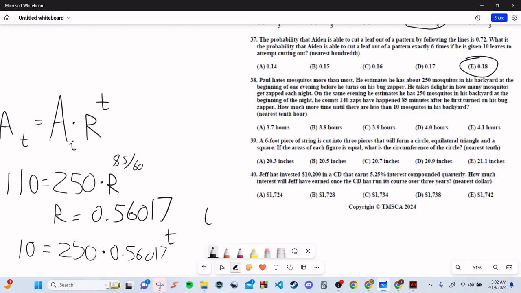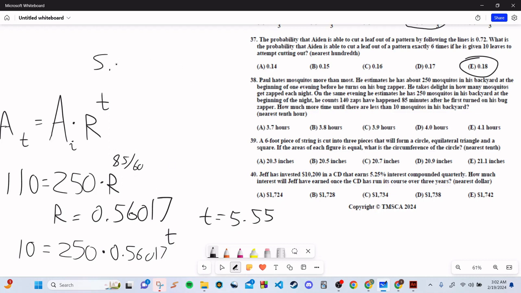And so t comes out to 5.55. But keep in mind that this time represents the time since he started the zapping. But we want to know how much more time it will take after the initial 85 minutes.